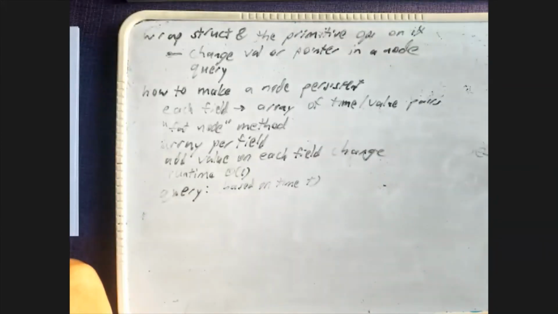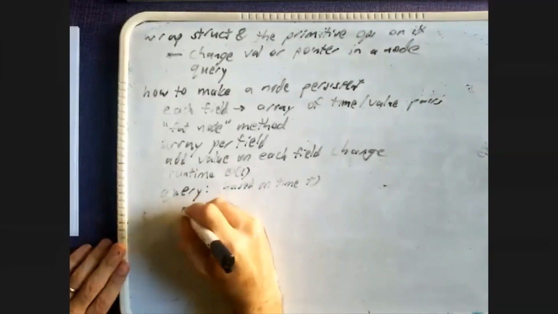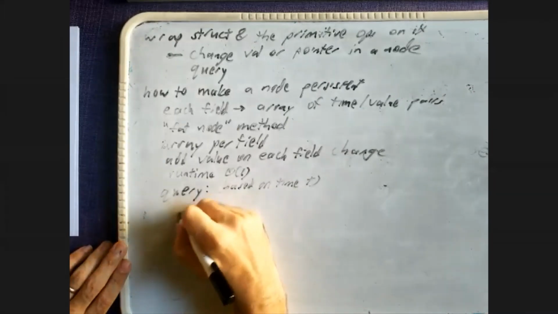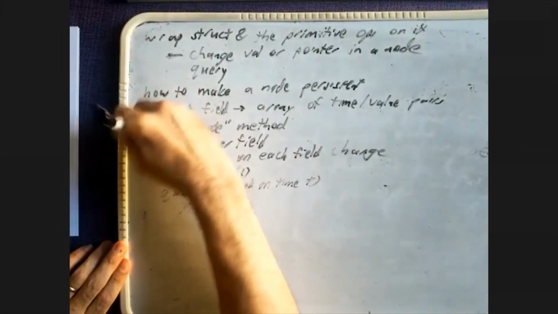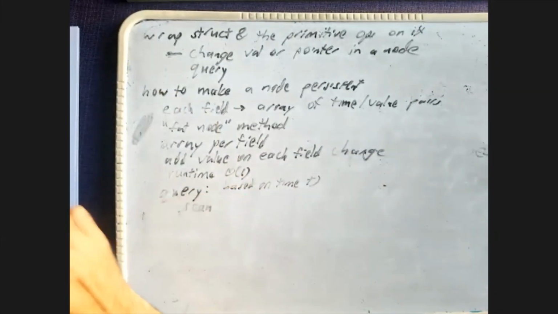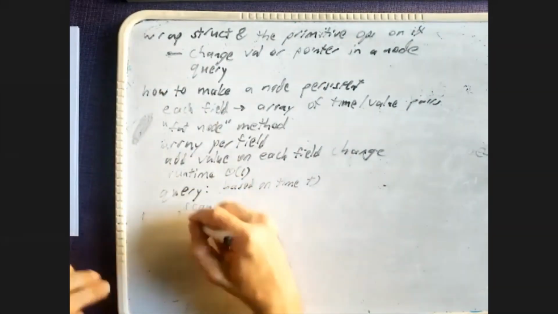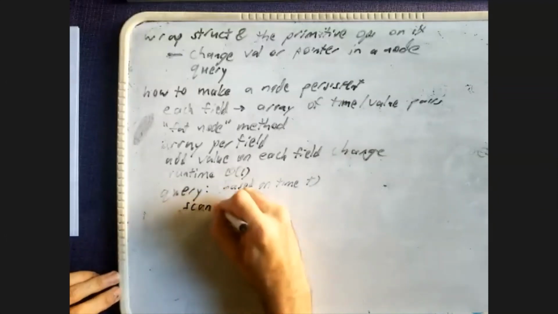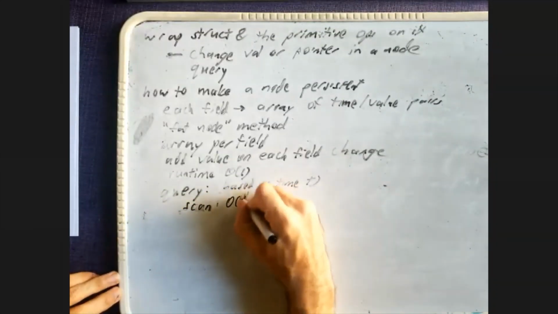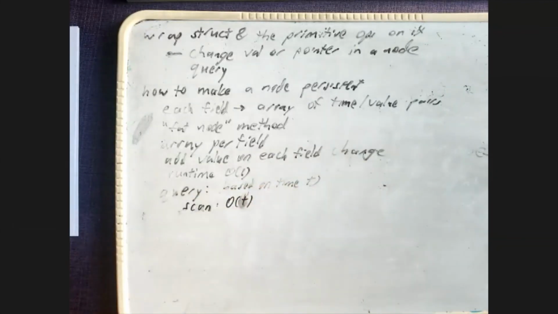So I can scan the array, and that will take order of the number of, sorry, my pen is running out. So scan would be order t, order the number of time steps, number of modifications.